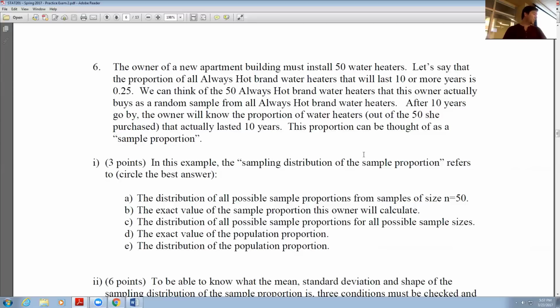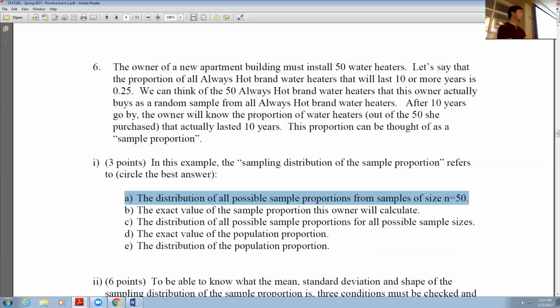The sampling distribution of the sample proportion refers to, let's look, this is what we're going to look at right here: the distribution of all possible sample proportions from sample sizes of 50. Because could she get a sample of 50 that are pretty bad?